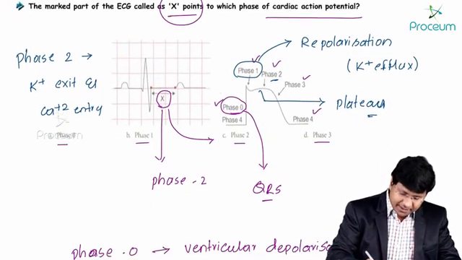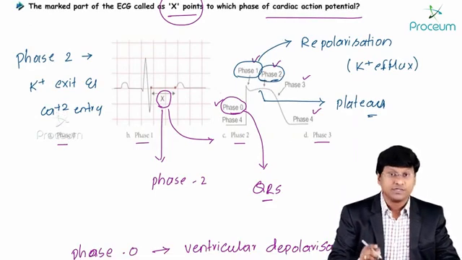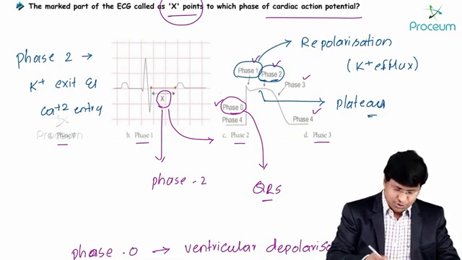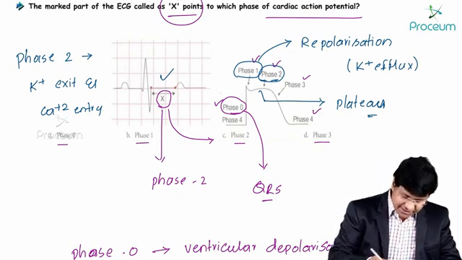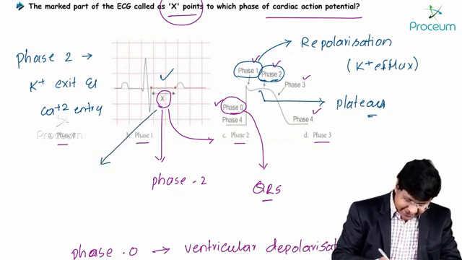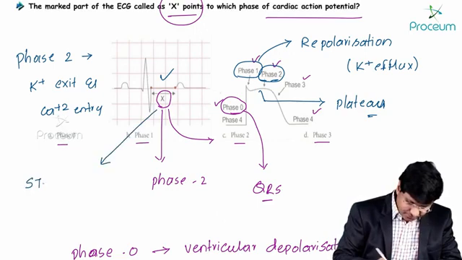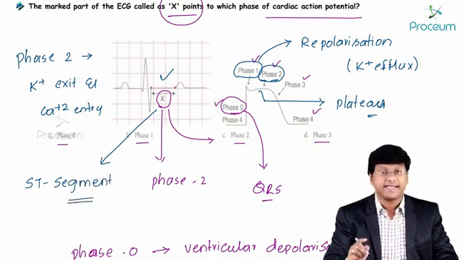Now, this plateau phase, that is phase 2, will correspond to your isoelectric baseline, that is X, which is nothing but the ST segment.